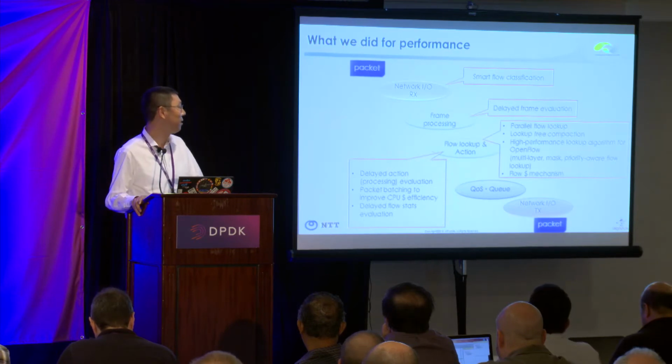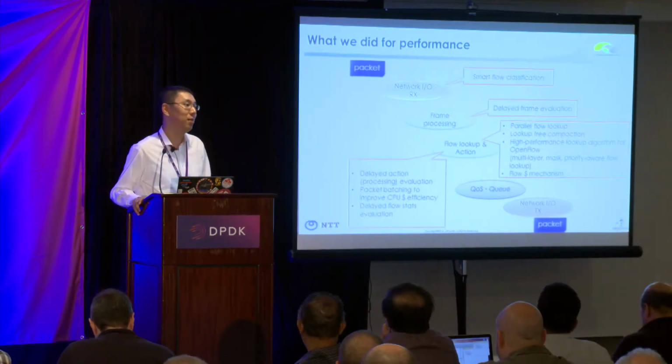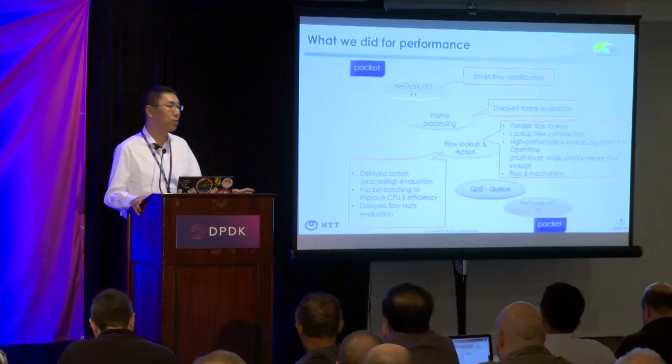Are all these pieces in software, or is there FPGA support for any of them? That's a good question. Basically, our approach is software based, but we need to offload some systems, such as queue management or policing, because they consume a lot of CPU cycles.